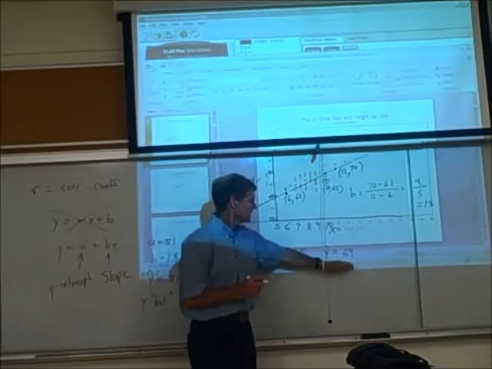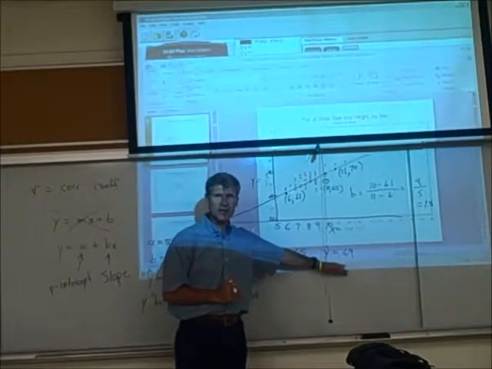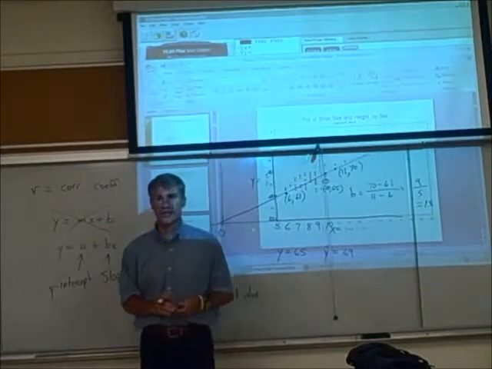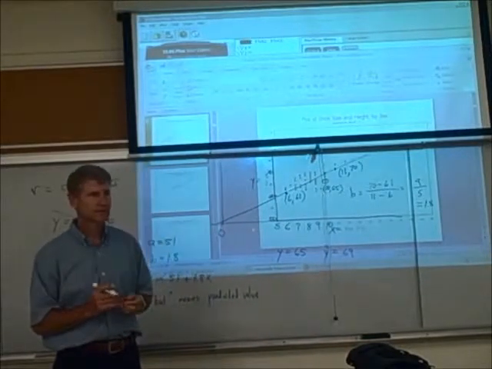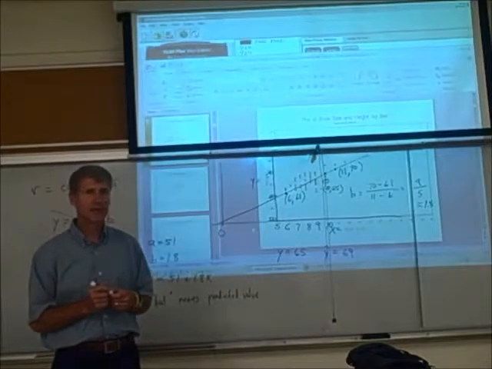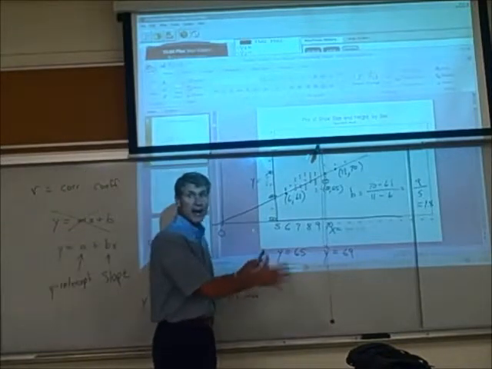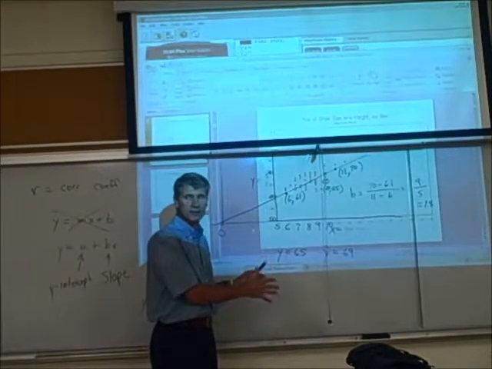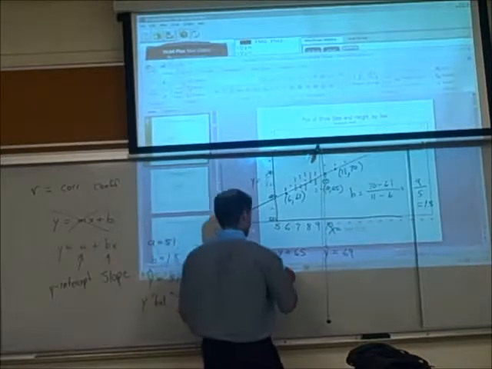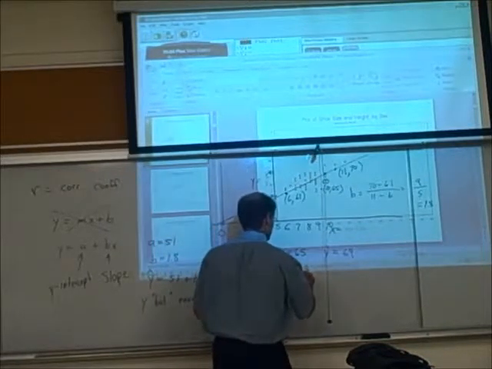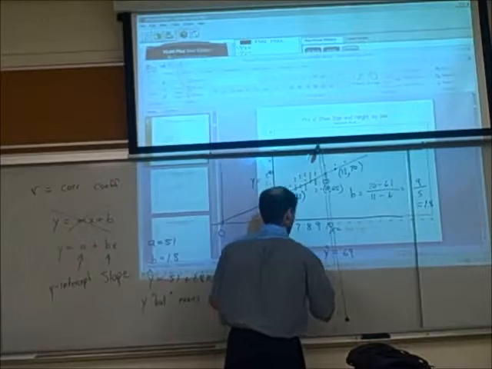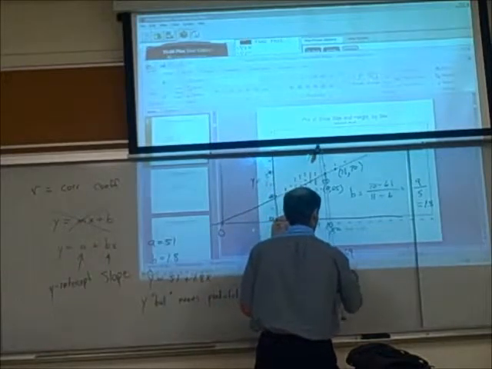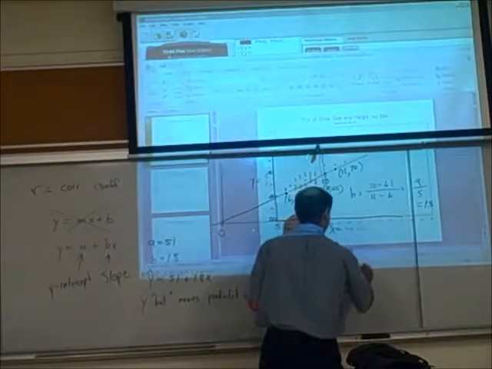So did the line overestimate or underestimate that girl's height? It overestimated. That prediction error is called a residual. You only hit one dot on the graph, so there's only one that's not going to have a residual.